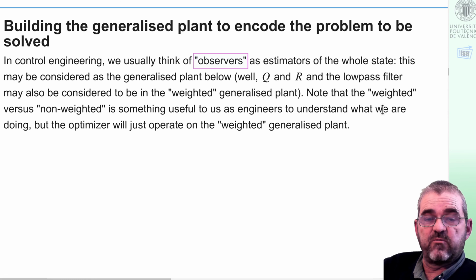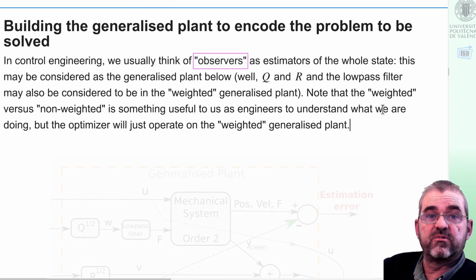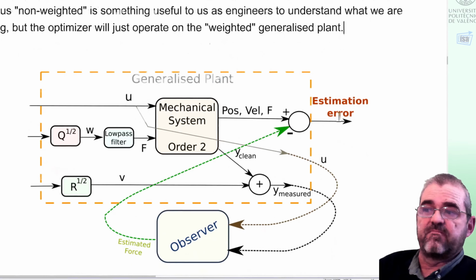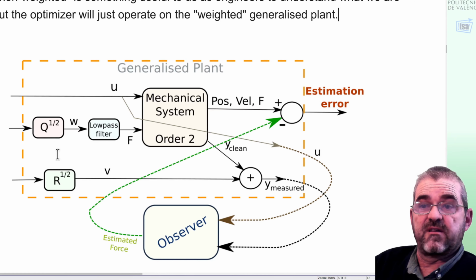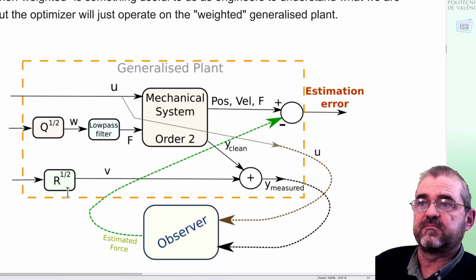This weighted versus unweighted is irrelevant to the optimizer because they want the weighted stuff. And in fact, I am now putting in this diagram the noise amplitudes in here, but maybe you would consider them to be part of the weighted generalized plant, because why not? Okay, it's the same, only the end is what matters for the optimizers.